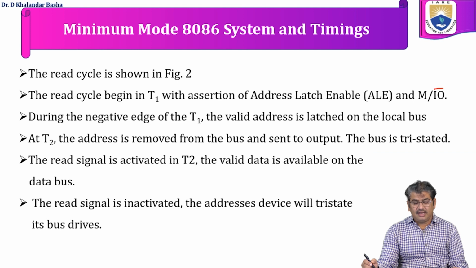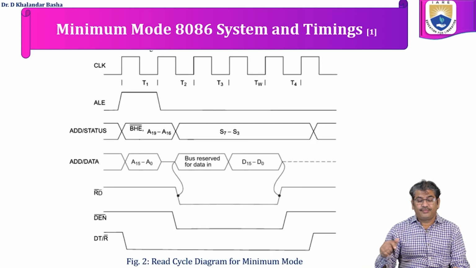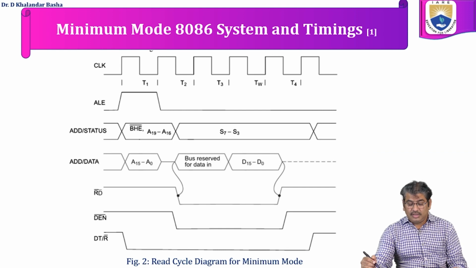The read signal is activated in T2. The valid data is available on the data bus. Then the read signal is inactivated, and the addressed device will tristate its bus drivers.